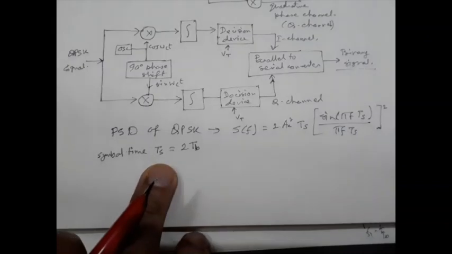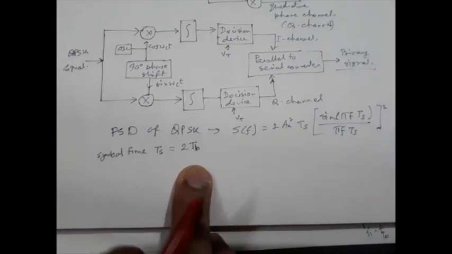Symbol time Ts is equal to 2 TB, where TB is the bit duration.